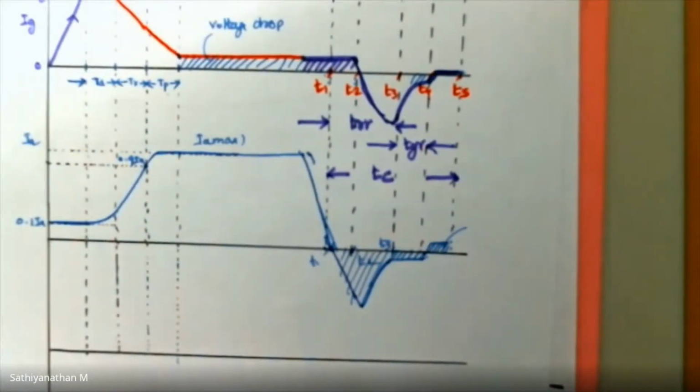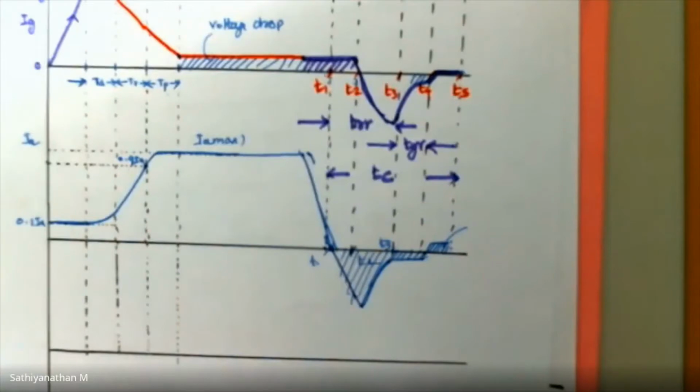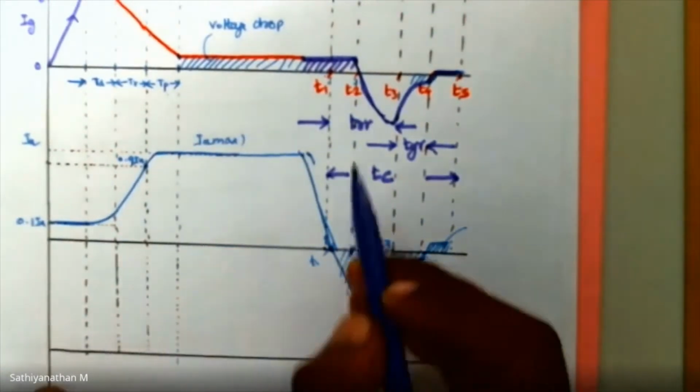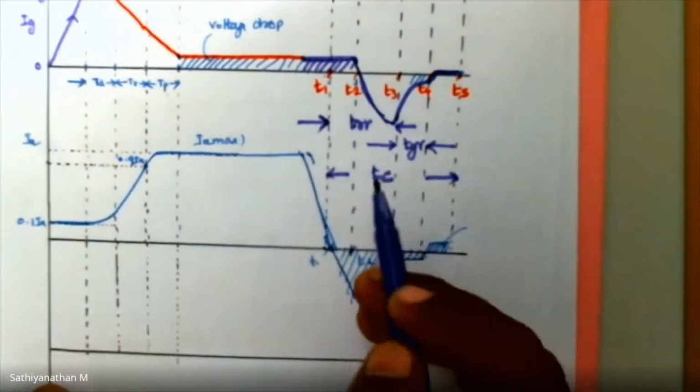If you take a diode, you are only talking about the reverse recovery time of a diode. But in the case of an SCR, you have one more terminal called the gate that is associated with junction J2 as well as J3. So you have to provide some time to recover the charges for that junction, right? That is why we have 3 different time intervals.